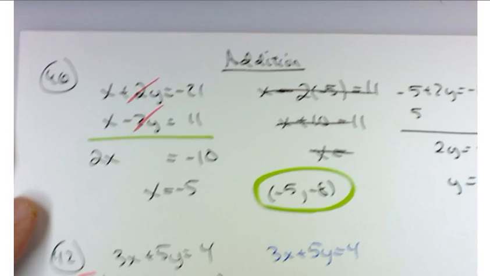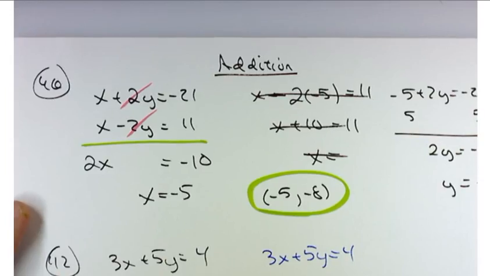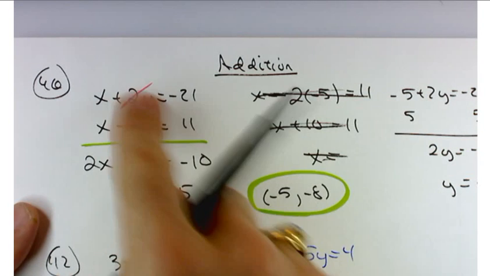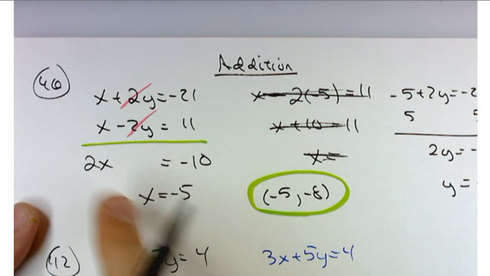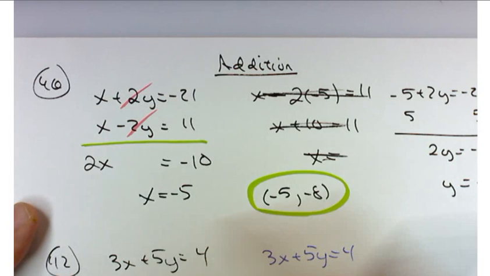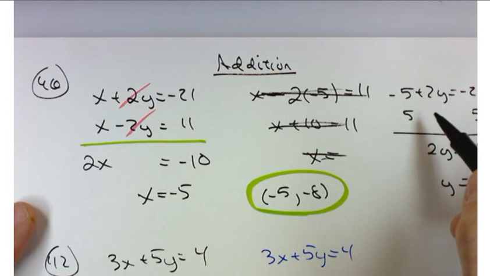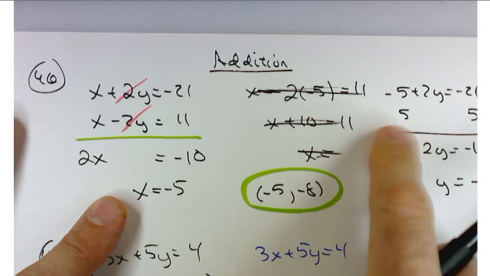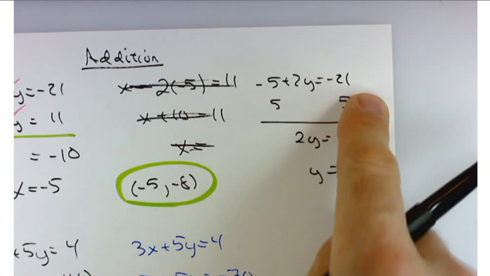On 46. So here, originally I accidentally substituted in for y. I should have substituted in for x. So I fixed my mistake, went back and said, okay, let's substitute in x is negative 5. I did that in the first equation, and then I solved for y from there.